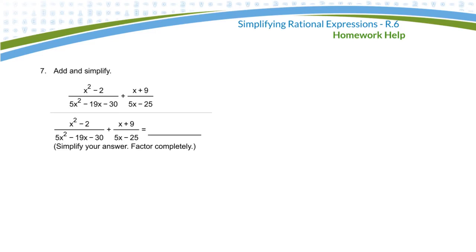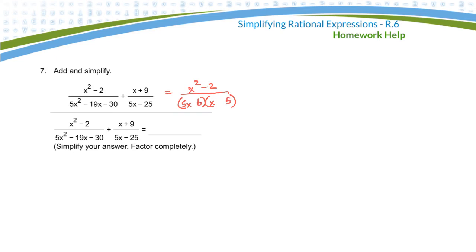Okay, now we're adding. So if I'm ever adding expressions, I have to have a common denominator. First step of doing that is to factor the bottom. So I'm going to factor this. Probably a 5x here and an x there. Okay, I have to multiply to 36 and 5 maybe. 6, maybe a 5 here and a 6 there.